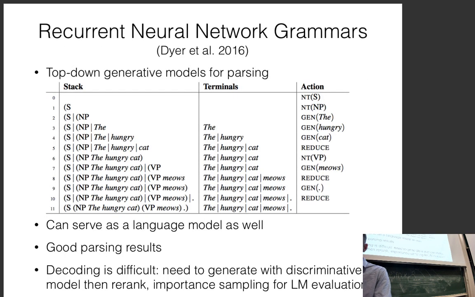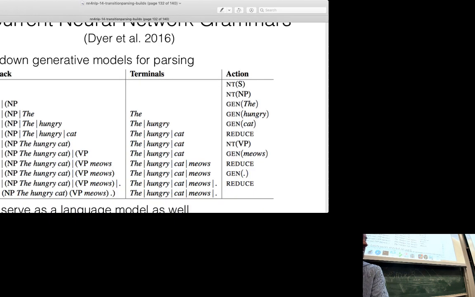There's a couple of follow-ups that I just realized I forgot to add to the slides. I could go back to this paper, which I just talked about before. This also uses recurrent neural network grammars. This paper essentially tries to interpret these models.